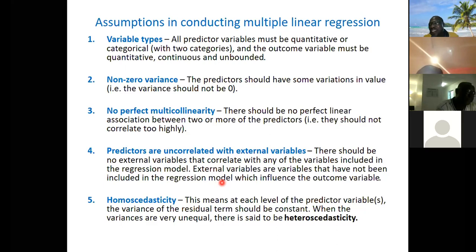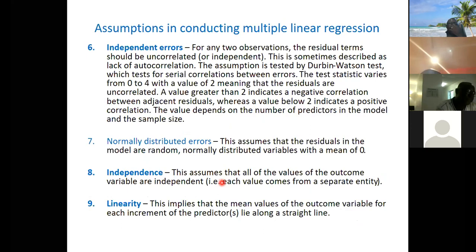Just like when you are doing parametric tests, the variance must not differ across different groups. That is homogeneity of variance. This one is the variance of the residual. It's called homoscedasticity, almost the same thing as the other one.